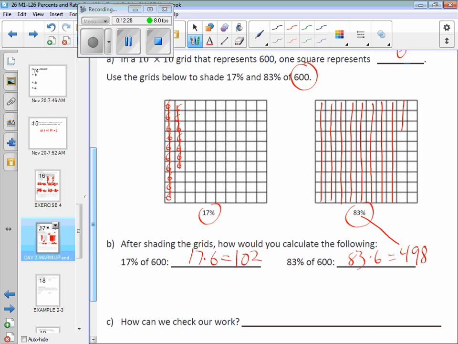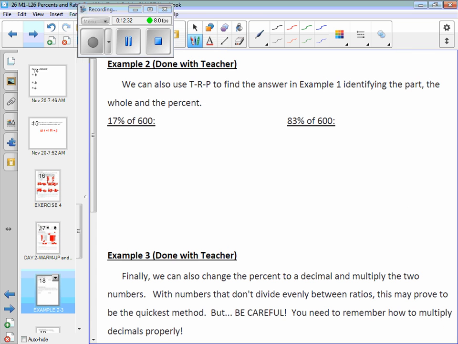You can also use TRP, so go to the next page. It's kind of like what you've been doing. You just have to know which is part, which is whole, and which is percent. Set up your template, part to whole. I have a percent, so that's what over what?